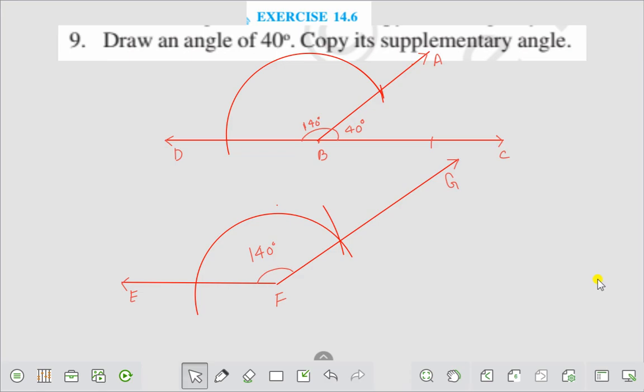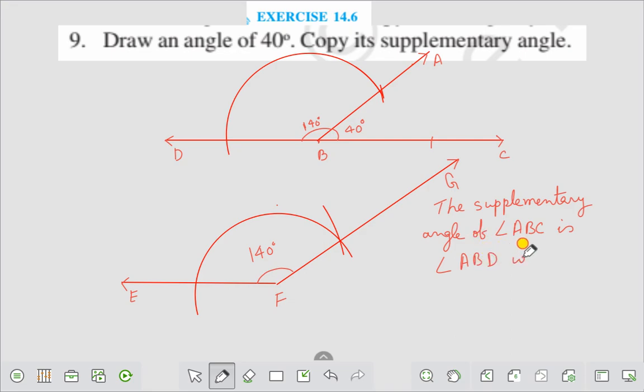Now you write that the supplementary angle of angle ABC is angle ABD, which is equal to 140 degree. Therefore, we have to make an angle of 140 degree.